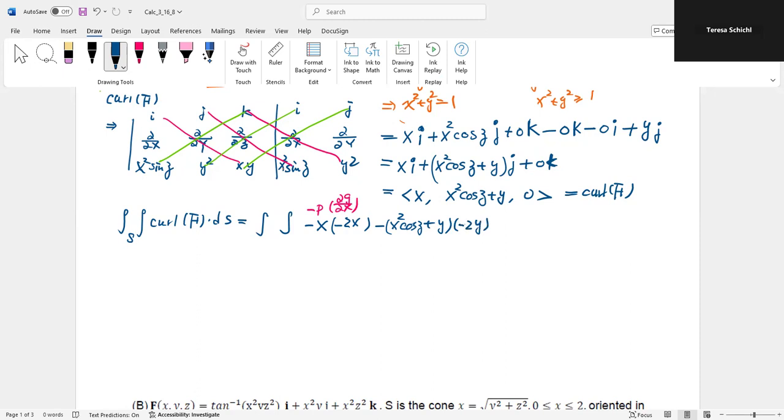And then plus R, where z is just 1 minus x squared minus y squared. Correct? All right, so that's what will be our, so we use the formulas here.